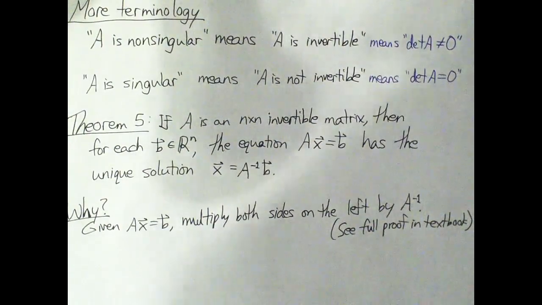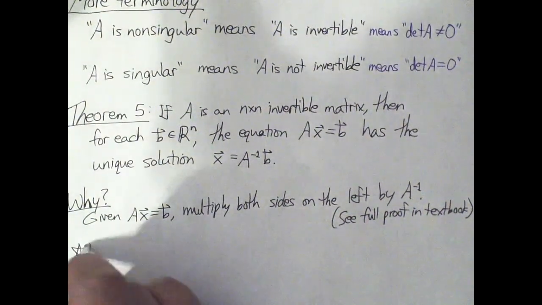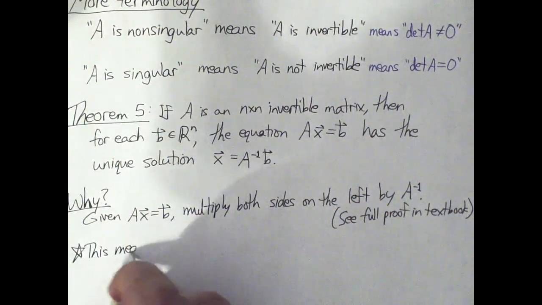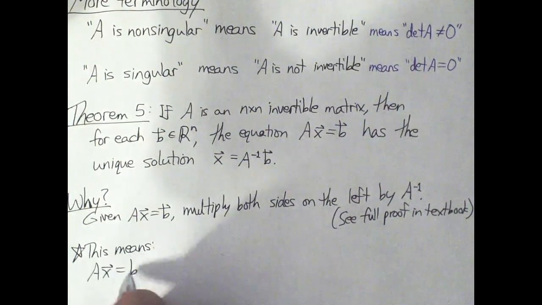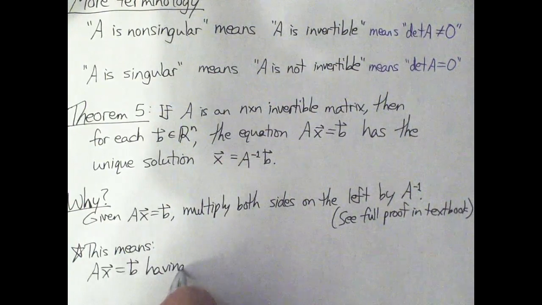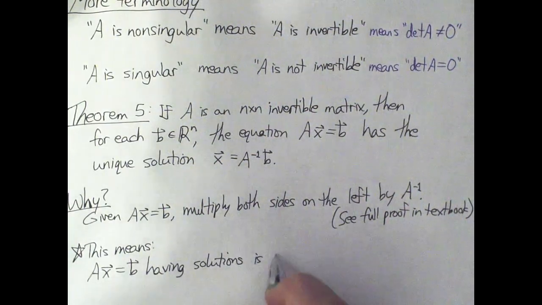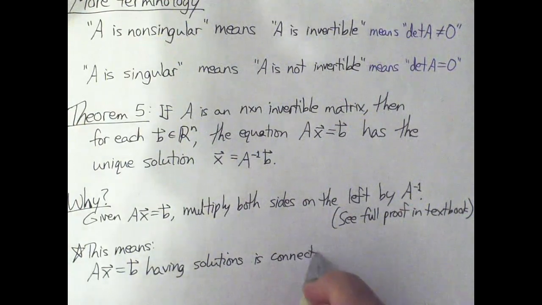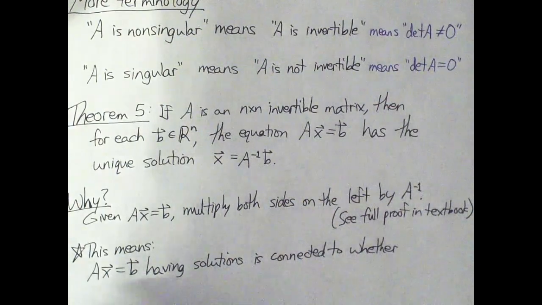I think this is important enough that I'm going to write it. This theorem means that a linear system having solutions is connected to whether or not A is invertible.